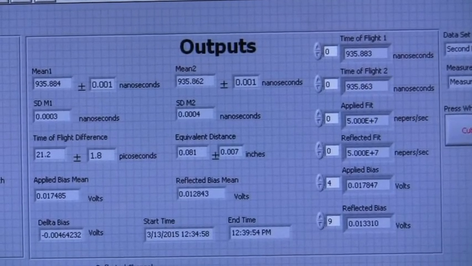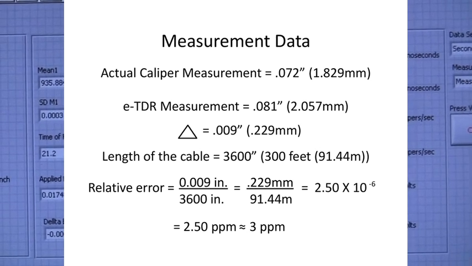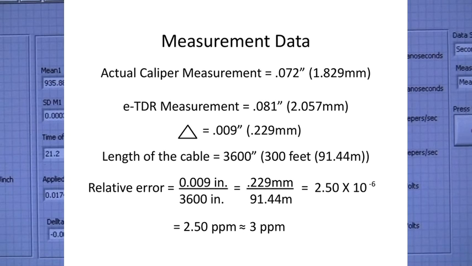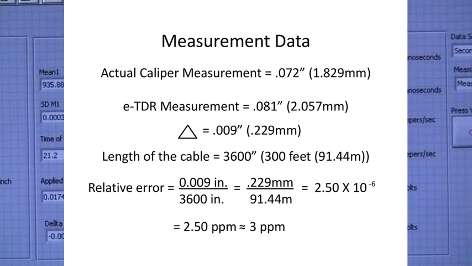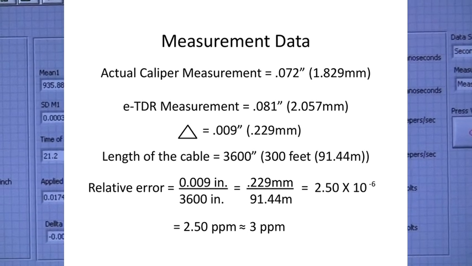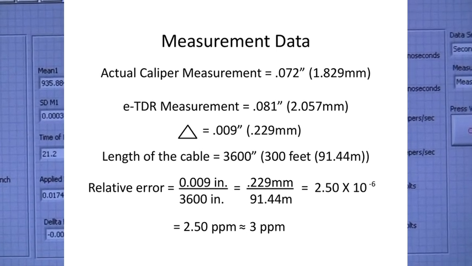If we look at the relative error, 0.009 inches divided by 3,600 inches, which is roughly 300 feet, gives us a ratio of 2.5 times 10 to the minus 6, or 3 parts per million.